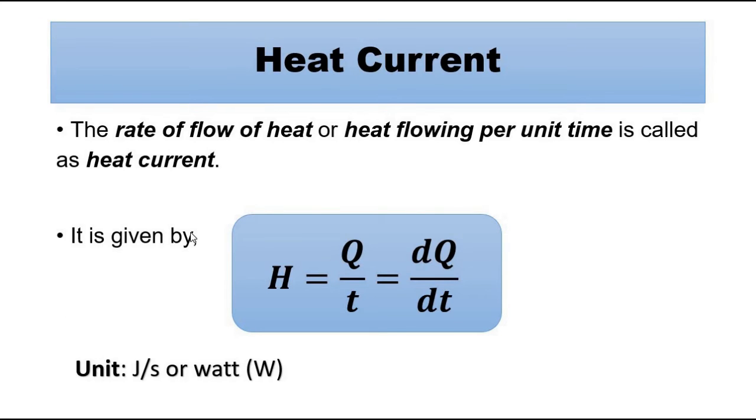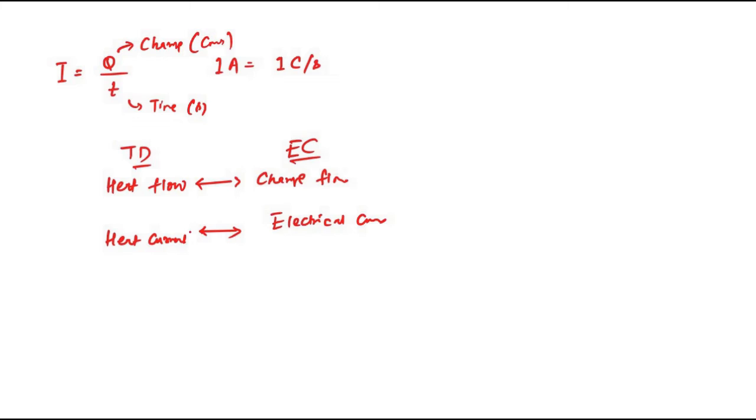Then also in electrical circuits we have the concept of electrical resistance, which is the opposition to the flow of charge or the flow of electric current. Electrical resistance is equal to potential difference divided by current.